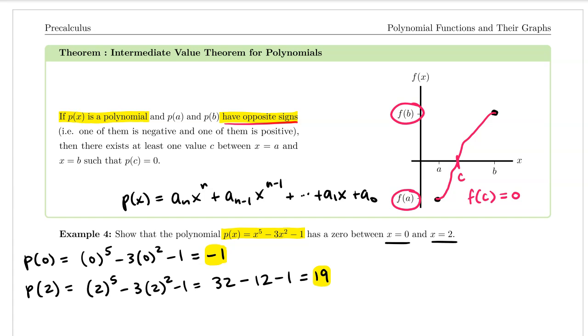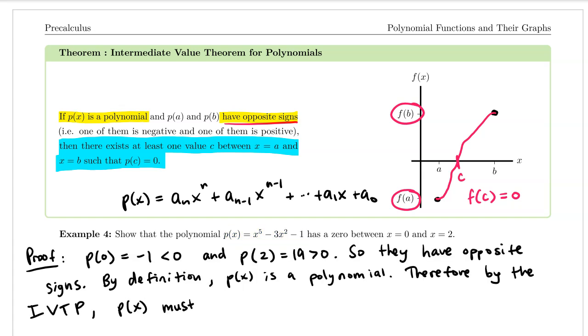Because we have met the conditions, we can make our conclusion based off the theorem, which says then there exists at least one value c between x equals a and x equals b such that p of c is equal to 0. So let's go ahead and write up an argument, or a mathematical proof, now.